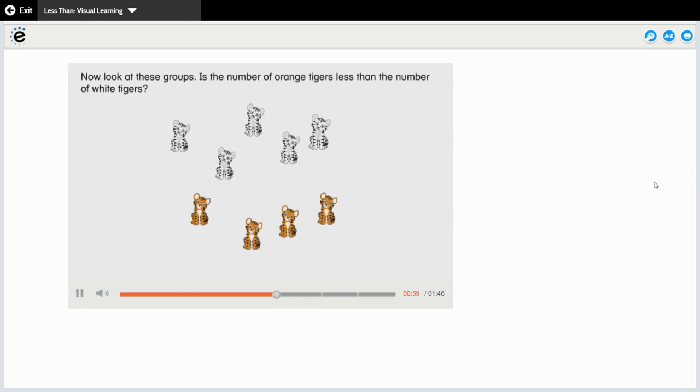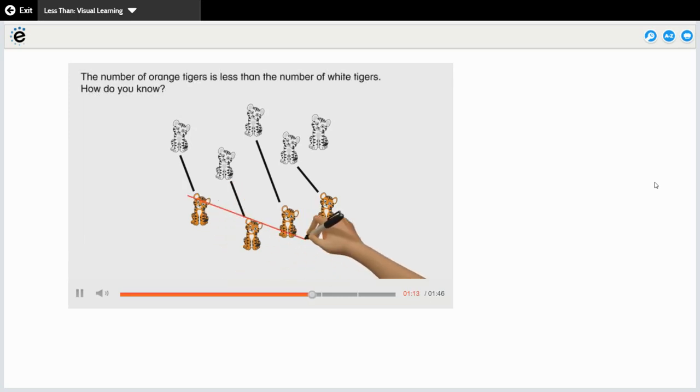Now look at these groups. Is the number of orange tigers less than the number of white tigers? You can find out by matching. The number of orange tigers is less than the number of white tigers. How do you know?